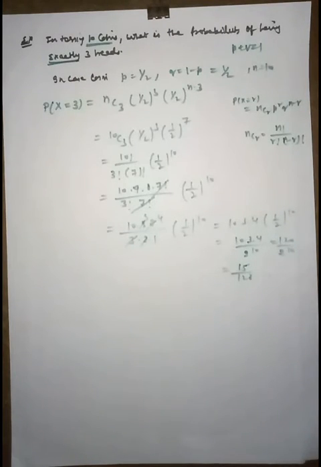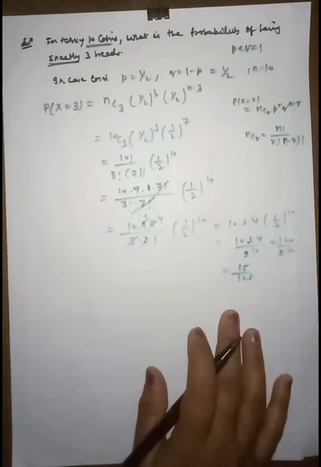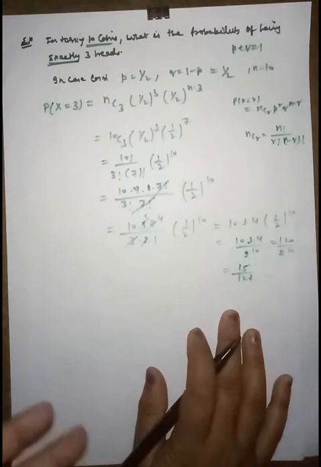Right? So this is the answer. This is a binomial distribution based question. Here you find exactly 3 heads. Sometimes it asks at least 2 heads, which means you have to find P(X) greater than or equal to 2. Sometimes it asks at most 2 heads, which means you have to find P(X) less than or equal to 2.